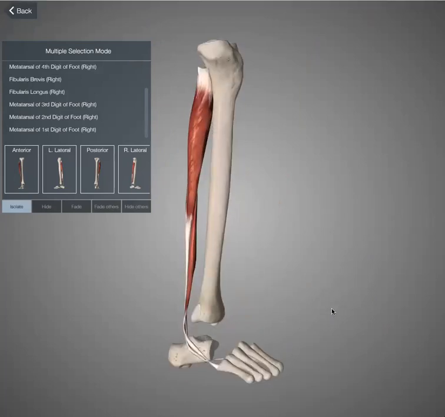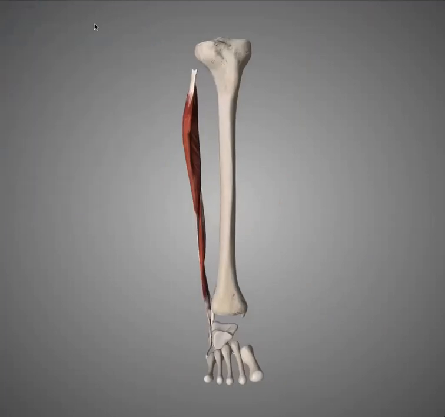The lateral compartment of the leg is made up of fibularis longus and fibularis brevis. The common function of the muscles is eversion. Okay, easy. We know that if the muscles are attached on this side of the foot, they will cause it to move this way. Eversion. And this means that the sole of the foot is turned outwards.